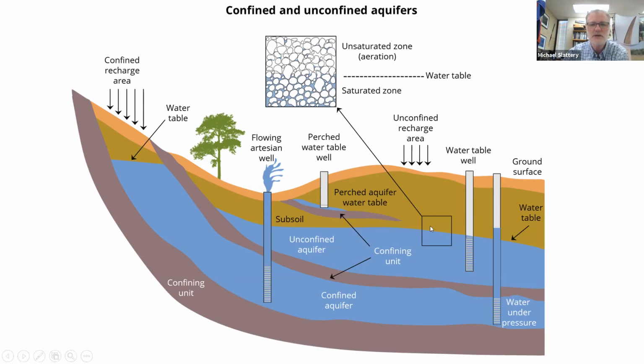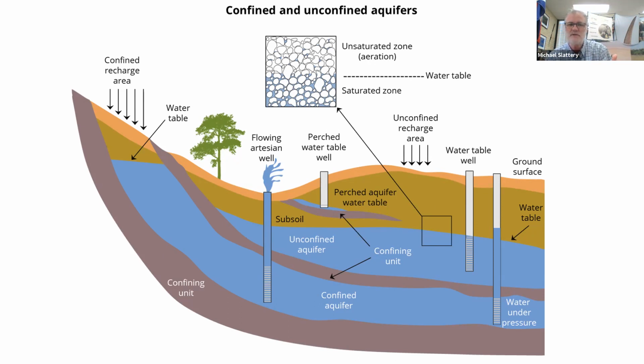The top layer of the unconfined aquifer is the water table. If you went outside right now, to a garden or a field, and drilled a hole, eventually you would look down in that hole and see the water table. That's the top layer of the unconfined aquifer.